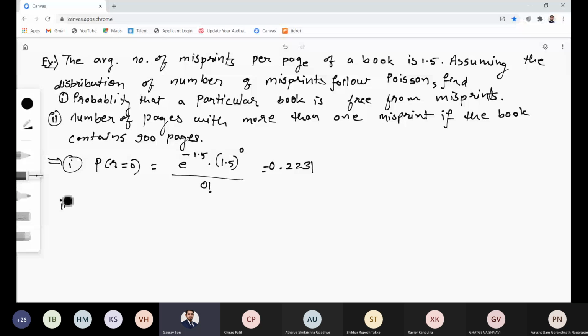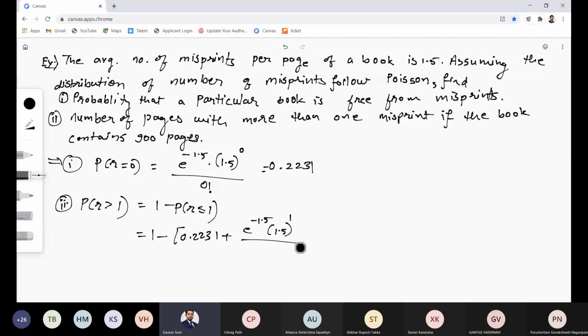So which is 1 minus, in bracket, 0.2231 plus e to the power minus 1.5, 1.5 raised to 1 upon 1 factorial. That gives 0.4421.